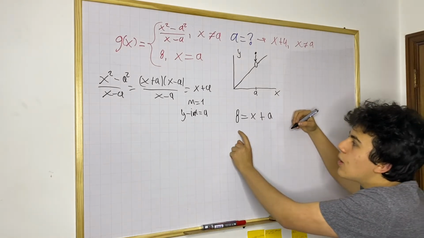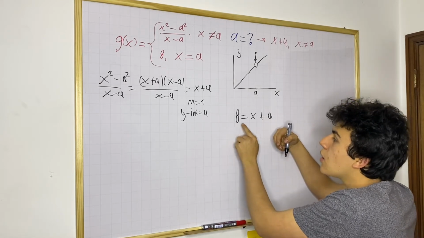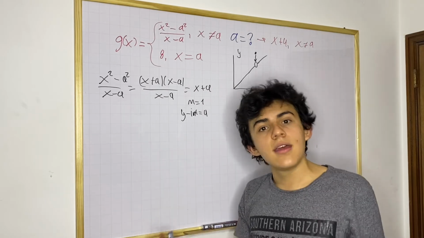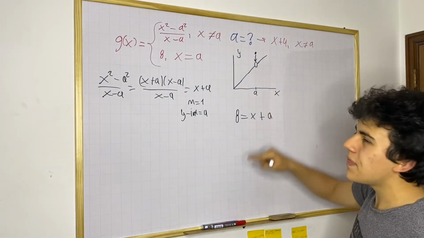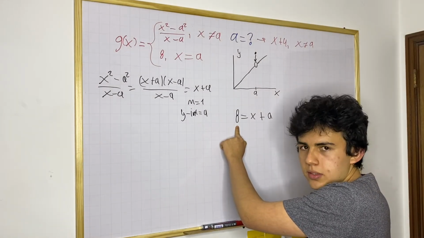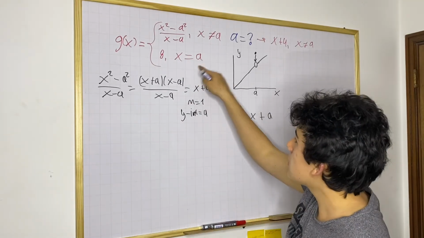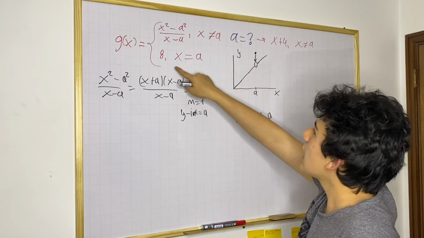And now if we're trying to put these two things together, we can only get 8 with this linear function if we plug in a. Okay? So when x equals a, that is when we're going to get 8 as an output. Because we know that from our statement. When x equals a, in this linear function, we're going to get 8.